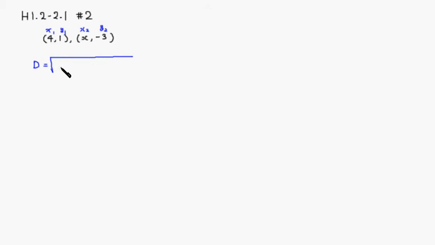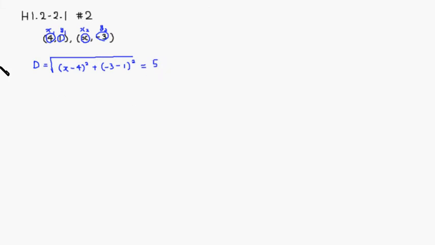Alright, so this is going to be x2, which is x here, minus x1, which is 4, squared, plus y2, which is negative 3, minus y1, which is 1, squared, right? So that's equal to 5. Right, so that's the equation.